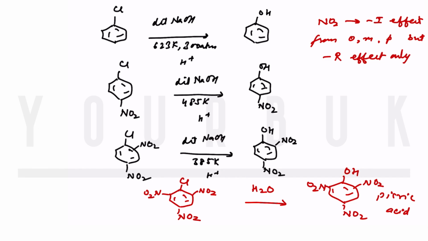You should remember this because we use the same point again and again in different chapters of organic chemistry. Minus R only from ortho and para. Now the next category of reaction of chlorobenzene, or halobenzene in general, is electrophilic substitution reactions.